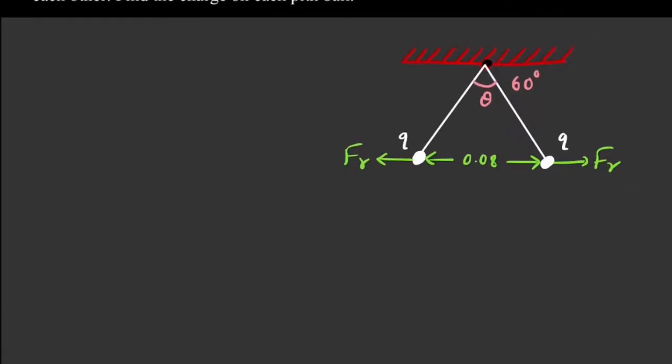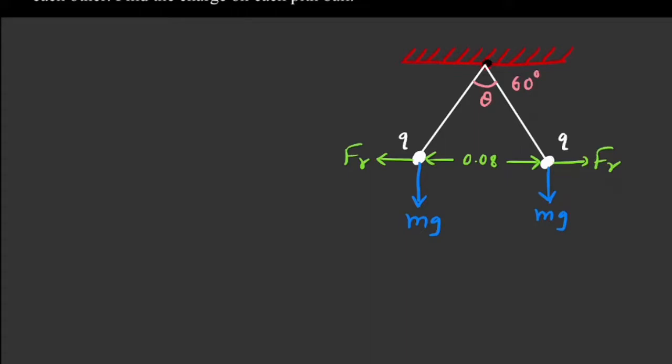In which direction? Yes, in this direction. So on both balls there is a force called mg, where m is the mass and g is the acceleration due to gravity. You got my point? So on each charge there is a repulsive force, and a downward force because of the mass, and here also a repulsive force and a downward force because of the mass. Two forces are acting.